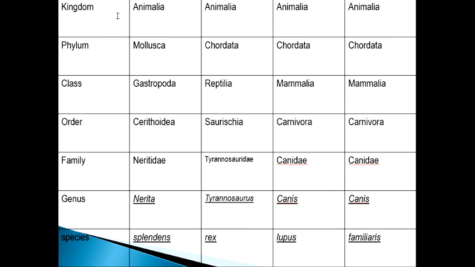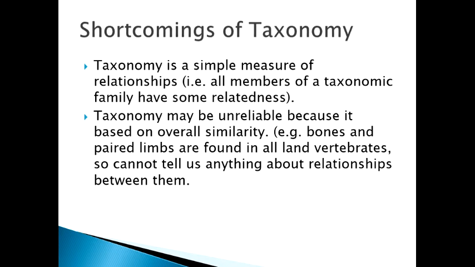So this system of naming things, in a rough way, shows us evolutionary relationships, but it is, in a sense, unreliable. Biologists over the past few decades have discovered more sophisticated ways of telling the evolutionary relatedness of organisms, and they don't really use taxonomy for that.